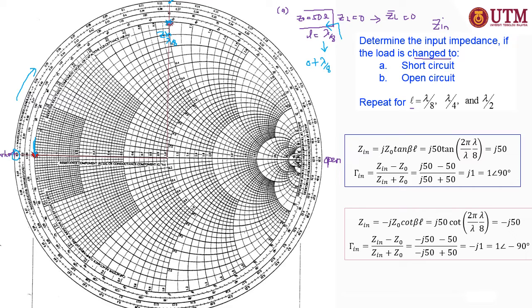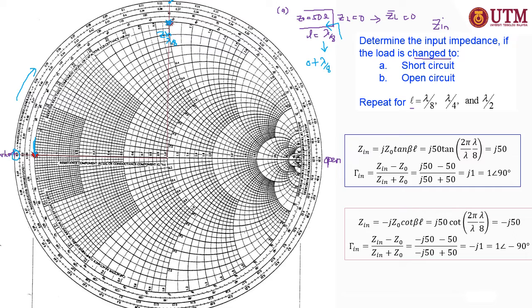So at this point, the magnitude is 0, the real part is 0, and then the imaginary part, as usual, you can read through the value. It is equal to 1 here.